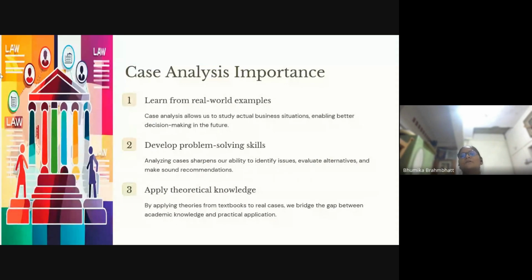Second is the problem-solving skill. As law students, we all face difficulty finding some fact in a case, or the issue in the case, etc. But we should know how to resolve this problem.